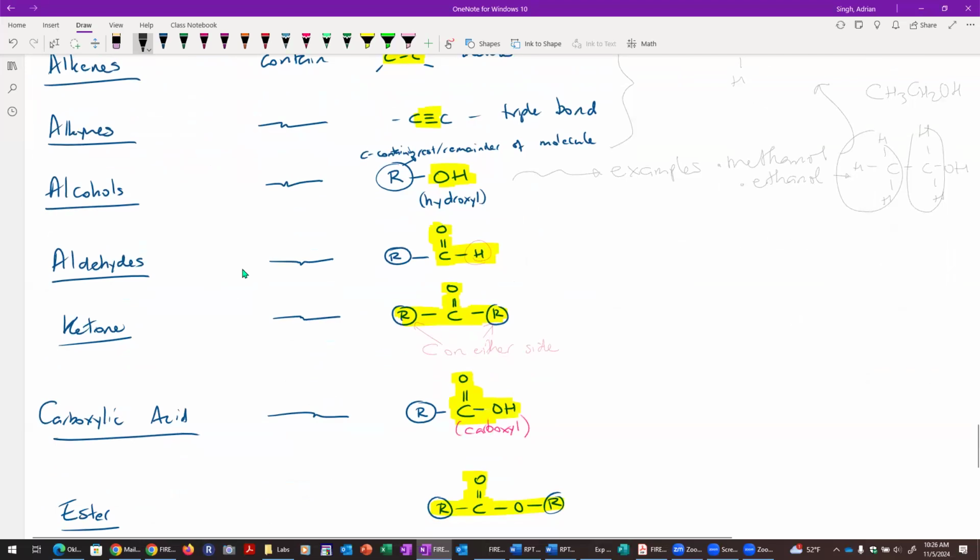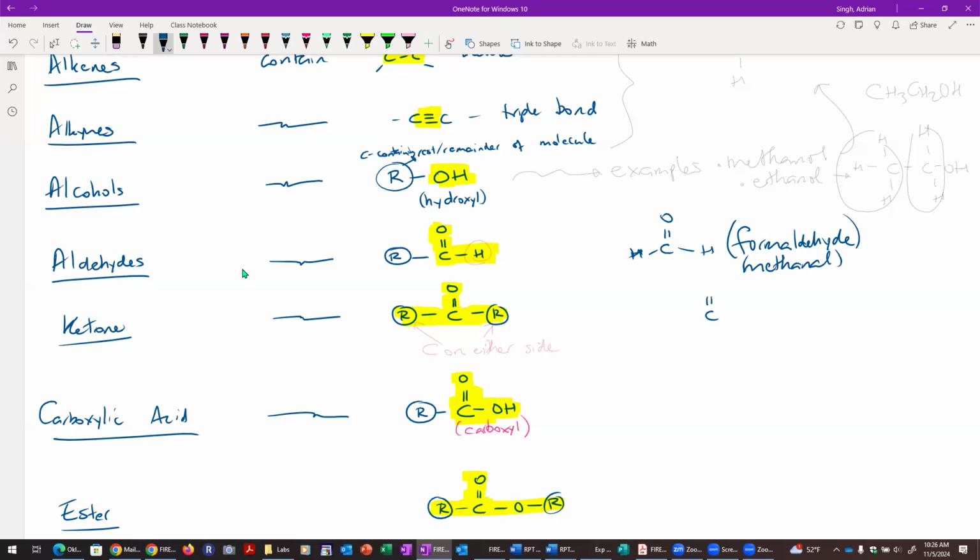Aldehydes. The simplest aldehyde is going to look like this. One carbon aldehyde. This has a systematic name, methanal, but the more common name for this is formaldehyde. That's used as a preservative for biological specimens. Ketones are also very common.